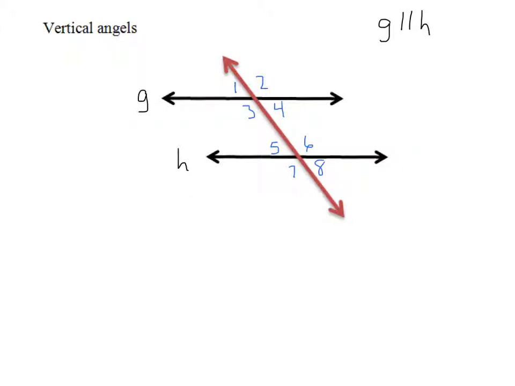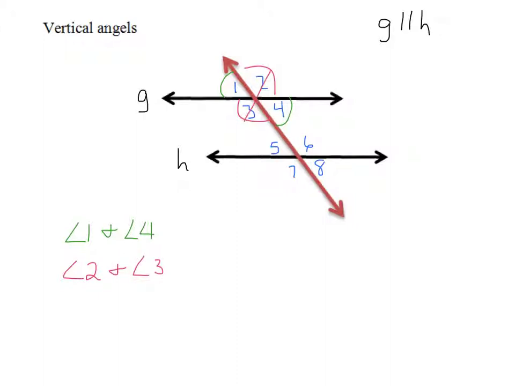The next angle relationship is called vertical angles. With vertical angles, think angles that are diagonal from each other. And here's one example. Angle 1 and angle 4 are vertical angles. 2 and 3 are vertical angles.